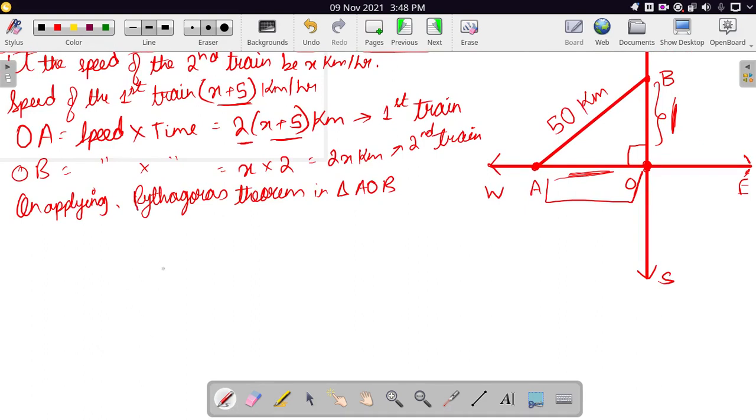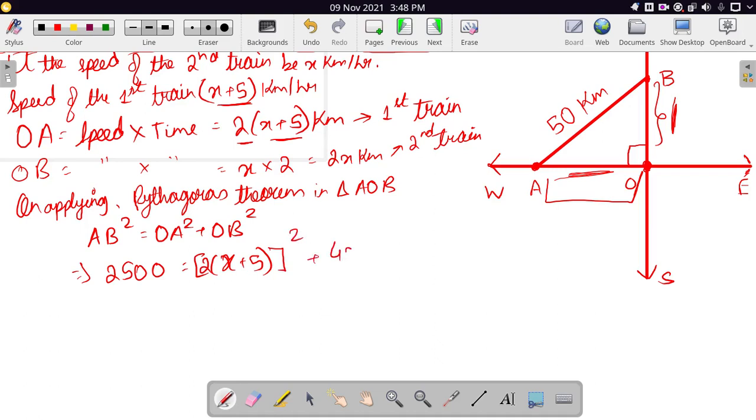From this figure it's very self-explanatory that AB square will be equal to AO square plus OB square. Simple. Now this is equal to 2500 is equal to 2 is outside, (x plus 5) whole square, this entire thing square, plus 4x square.